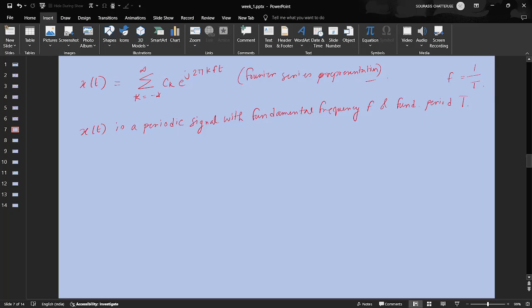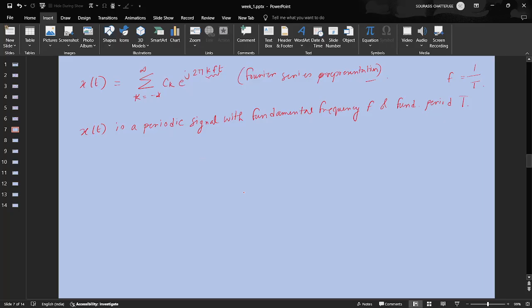But what do we mean by the frequency domain representation? First of all, you observe this: the Fourier series is not defined for every frequency. You focus on these kf terms.